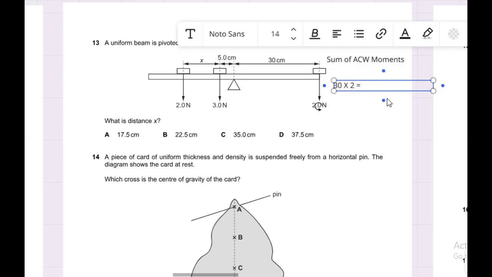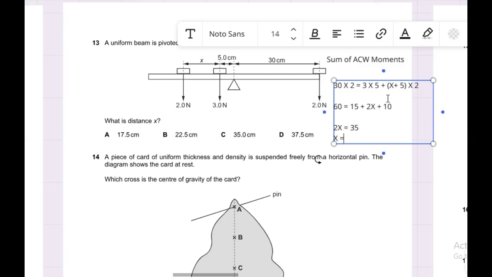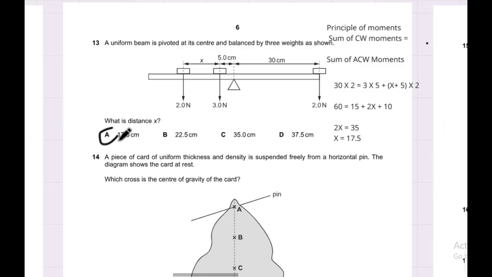So the total clockwise moment here is 30 multiplied by 2, and the total anticlockwise moment here is 3 multiplied by 5 plus x plus 5 multiplied by 2. So 2x plus 10 plus 15 is equal to 60, therefore 2x is equal to 35, and x is equal to 17.5, which is option A.